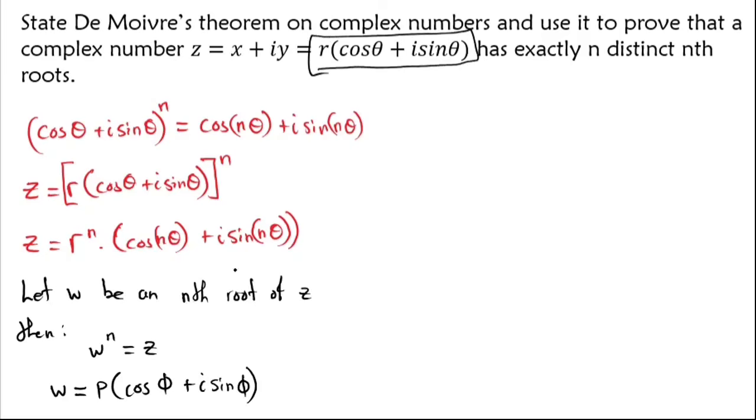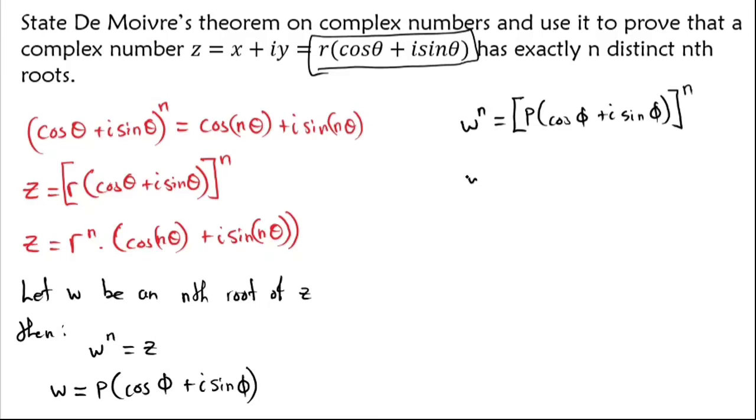So if I use De-Moivre's theorem for this, it means that now I'll have w raised to the power n is equal to p, open bracket, cos phi plus i sin phi, raised to the power n.